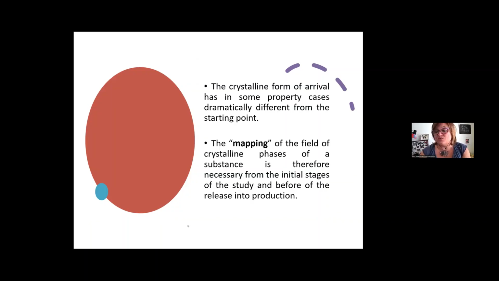The end is when the active ingredient is inside the formulation. So it's called mapping, control from the beginning to the end, when the pharmaceutical formulation goes to be sold.